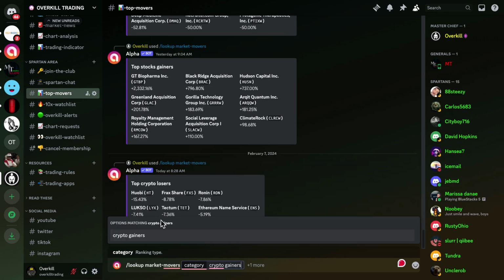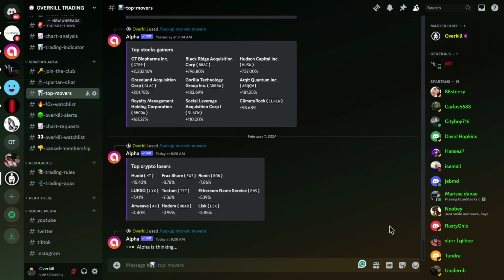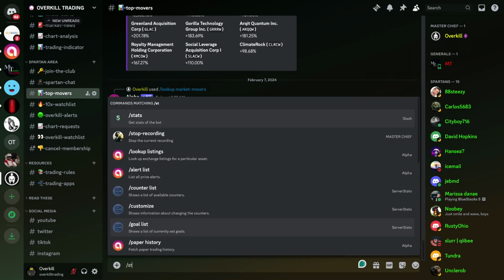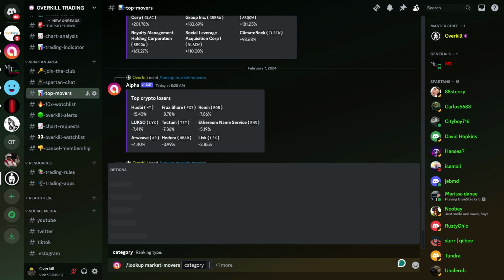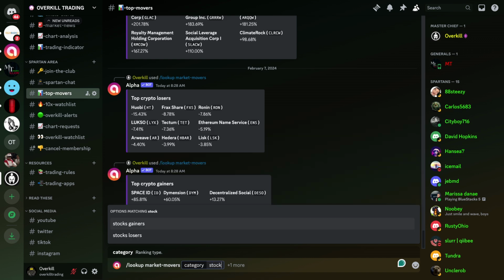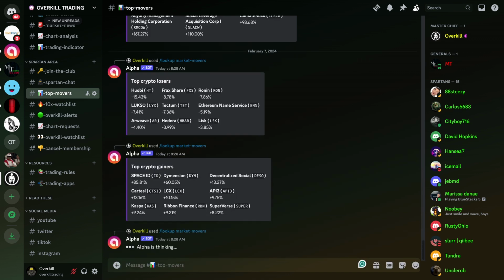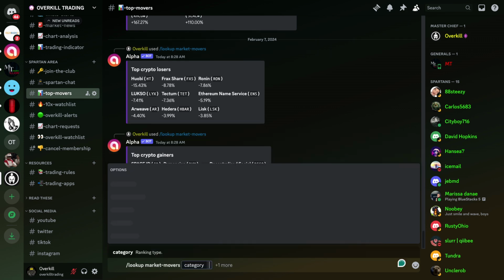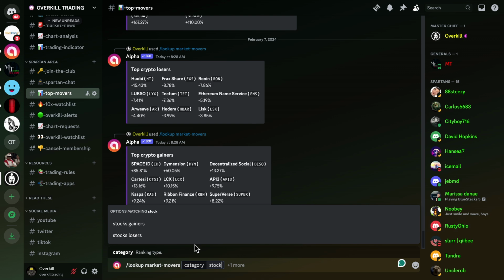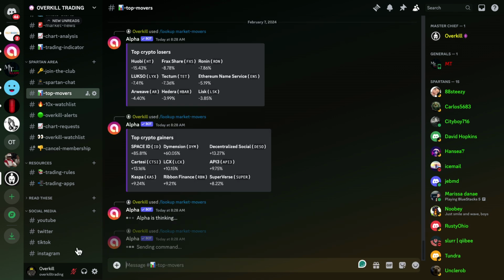This is our bot over here that's in our Discord. And then you got the stock market. We got stock losers, or we go stock gainers, and we got stock losers. These are posted every day so you guys can see what names are moving the biggest.